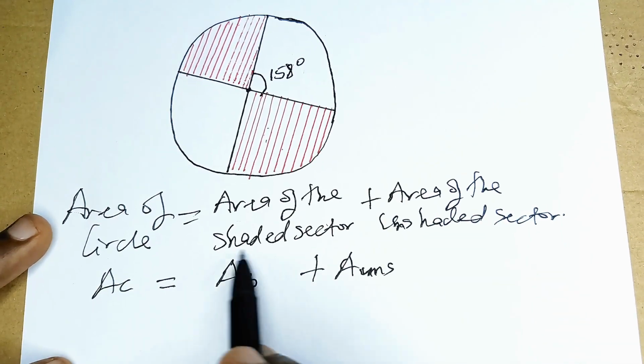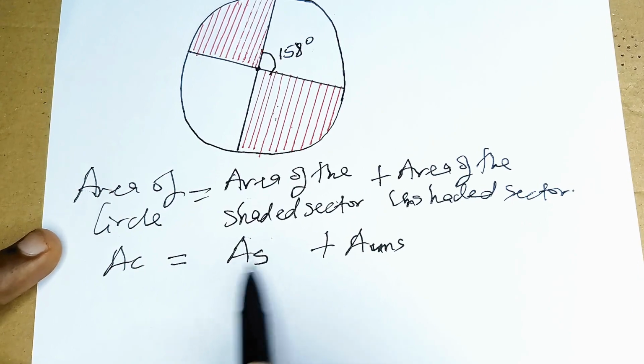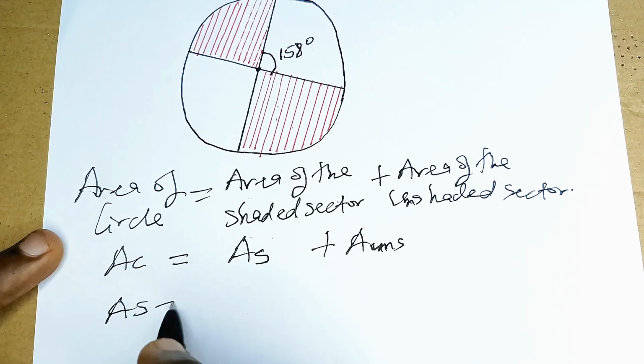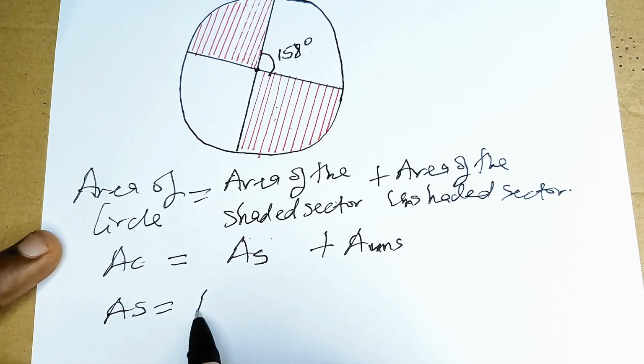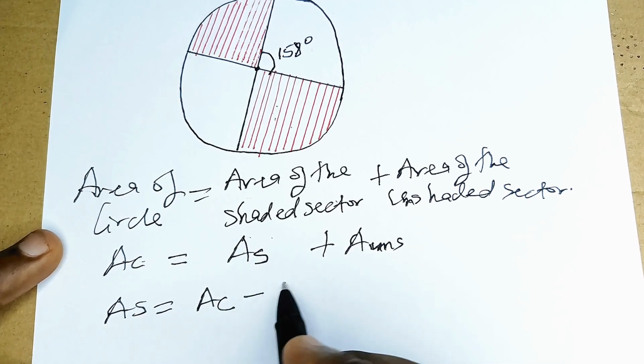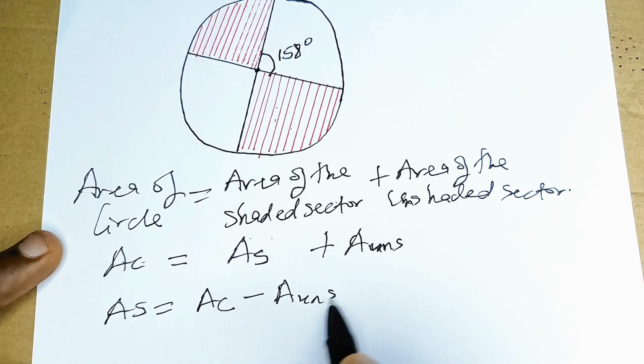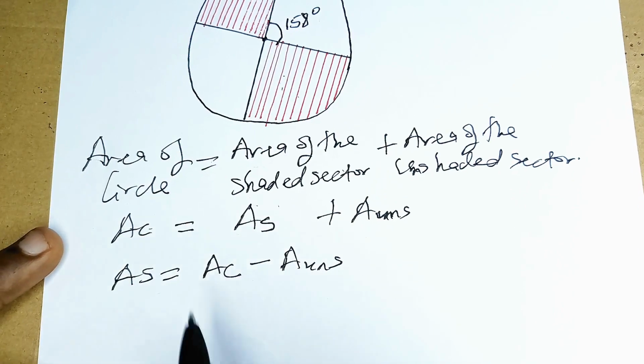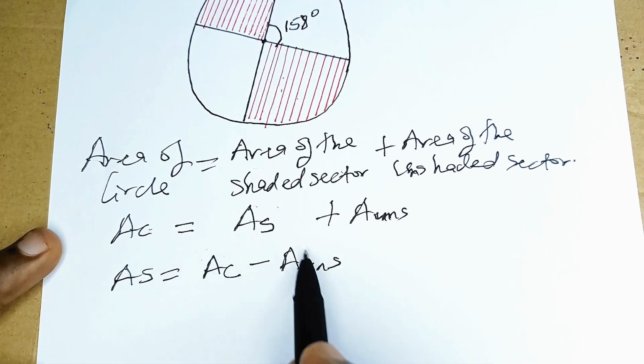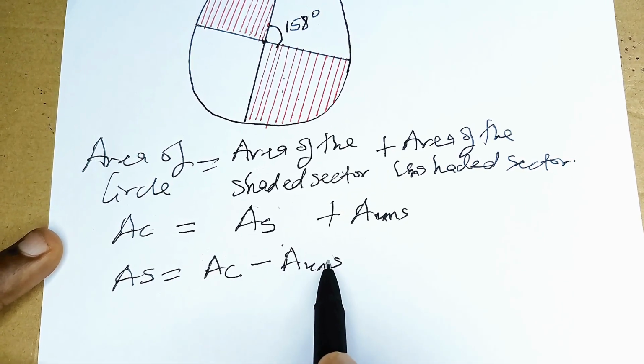So we have to get the area of the shaded portion. So the area of shaded will be equal to the area of the circle minus the area of unshaded. So we need to get the area of the circle first and then the area of unshaded.